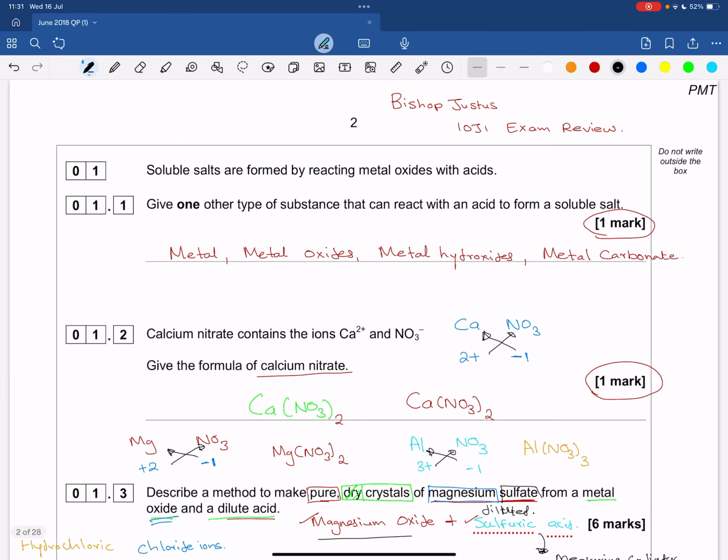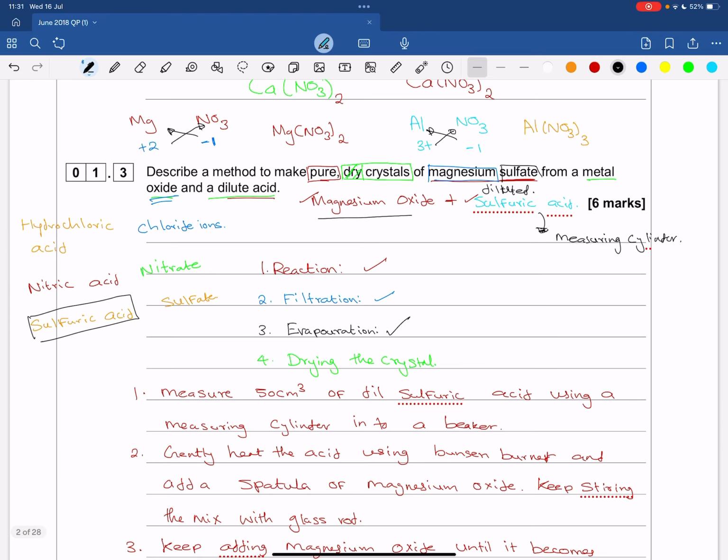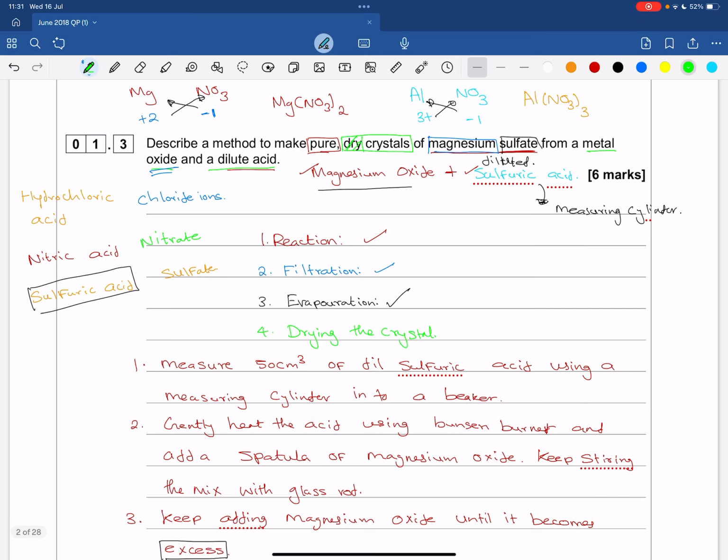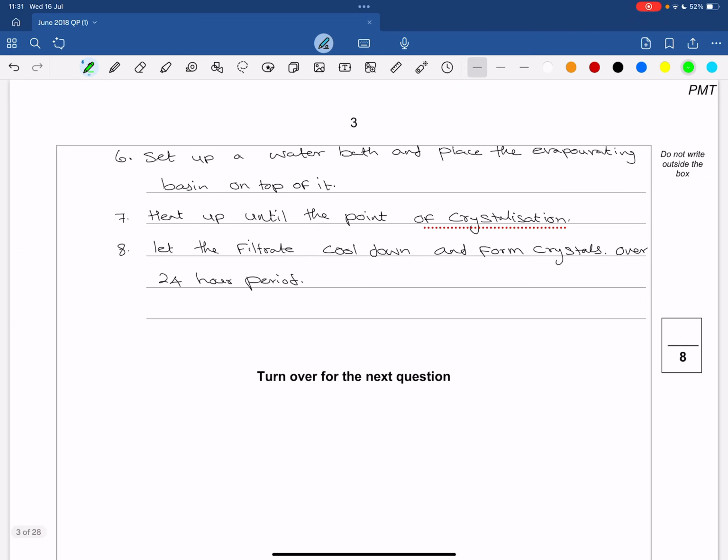So we have now talked about evaporation as well. The final step that we need to do is, now we have the crystals ready, we just need to put them in a dry cloth or filter paper and pat them dry.